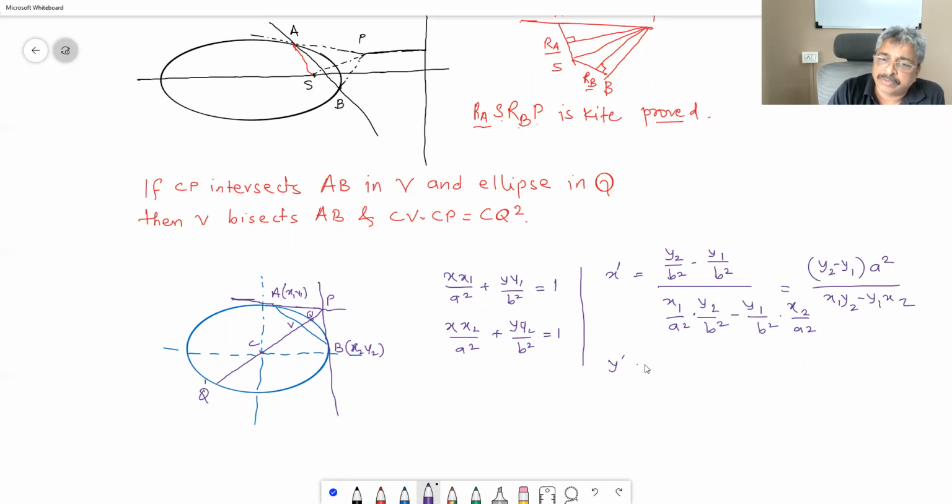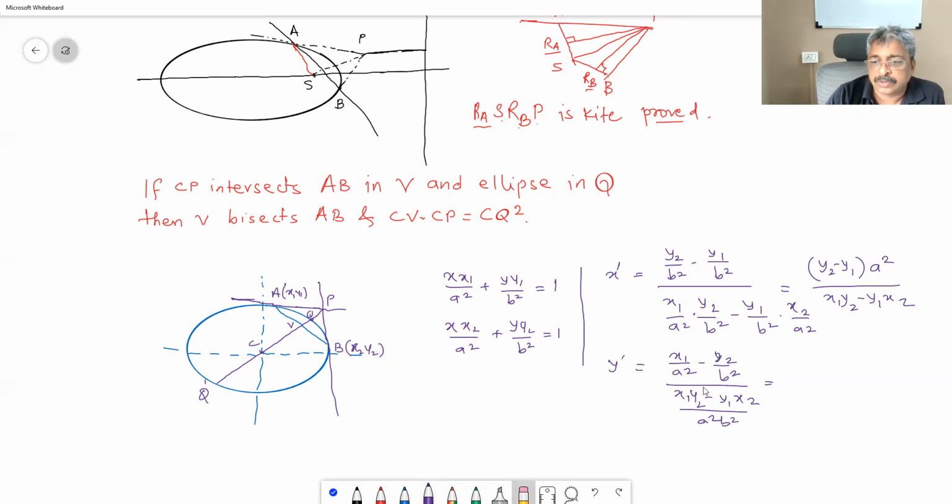And the y coordinate will be x1 upon A square minus x2 upon A square, whole divided by the same x1 y2 minus y1 x2 upon A square B square. Sorry, this should be x2 upon A square.